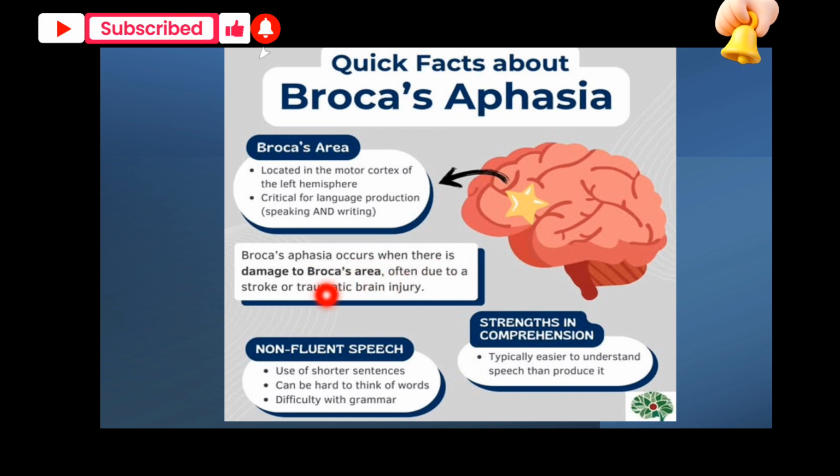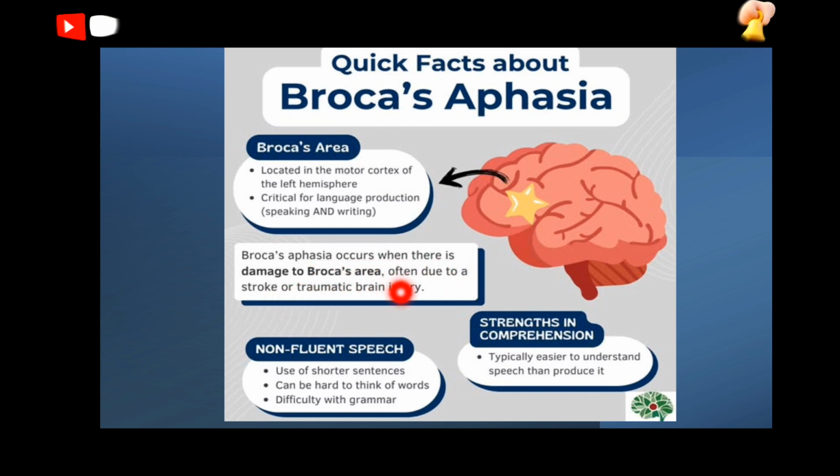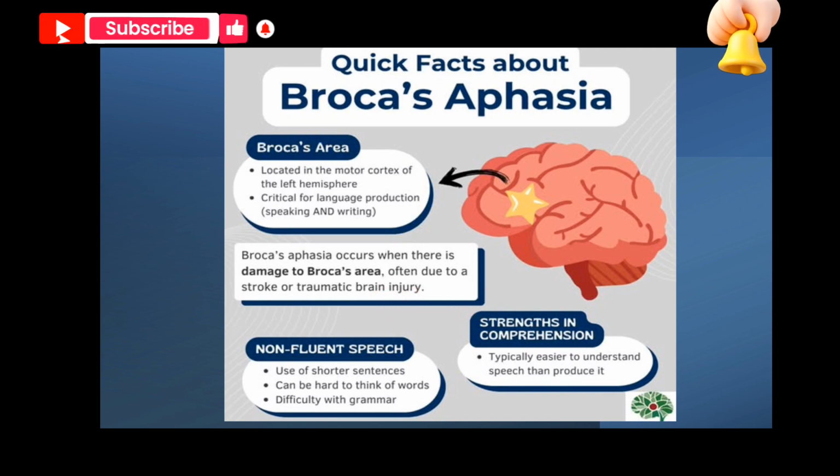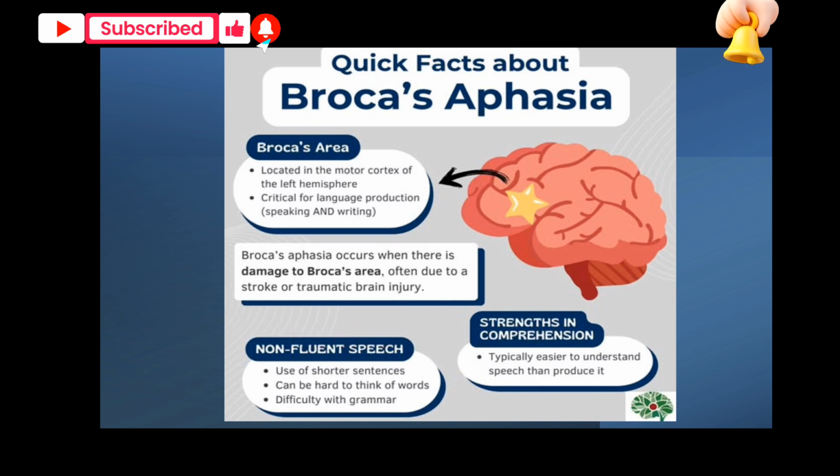Broca's aphasia occurs when there is damage to Broca's area, often due to a stroke or traumatic brain injury. You will have non-fluent speech, with use of short sentences, difficulty thinking of words, and difficulty with grammar.